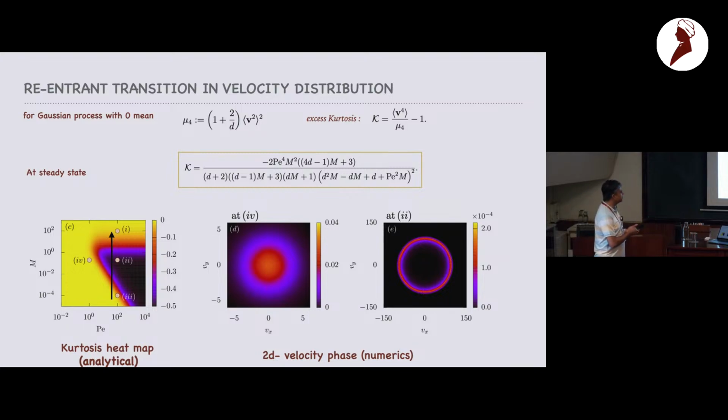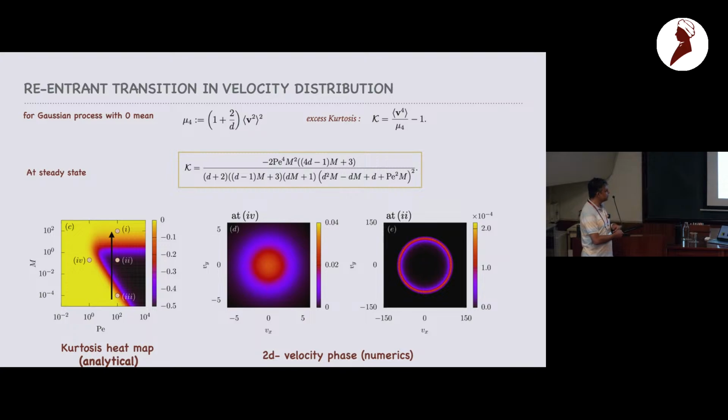So this is just the contour plot of this quantity. This is the heat map. In this heat map, you see that the excess kurtosis shows a strong departure in this region where it becomes negative, and this negativity is basically associated with the bimodality of this distribution.